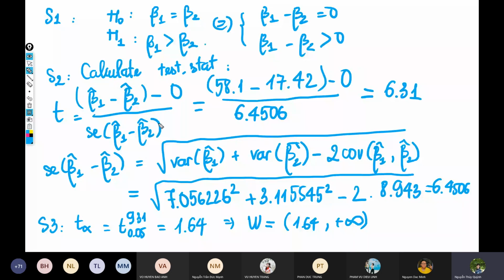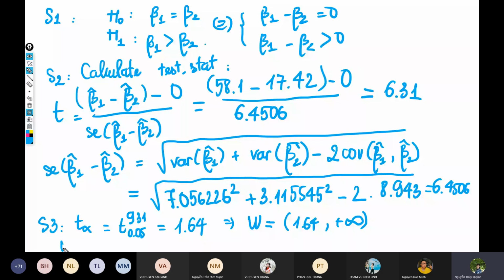So obviously you can see that the observed value of T falls into the rejection zone, the critical region. So T falls into W, and that's why we reject H0.